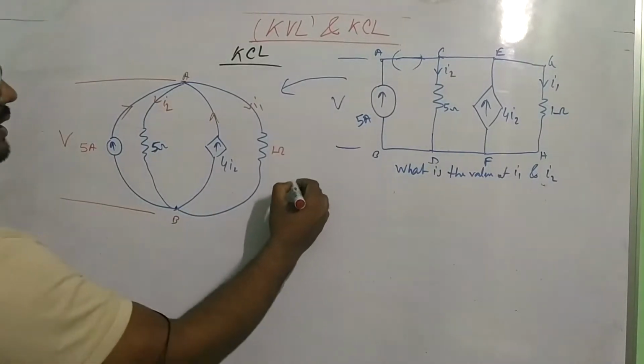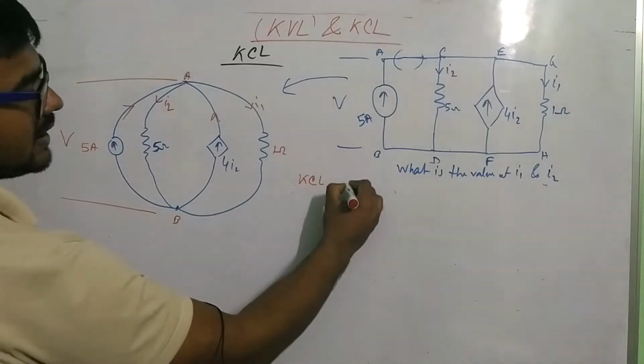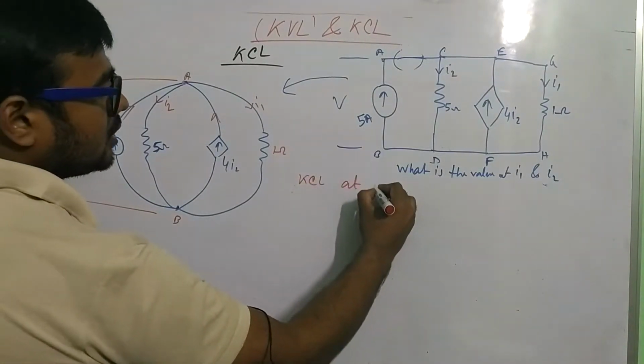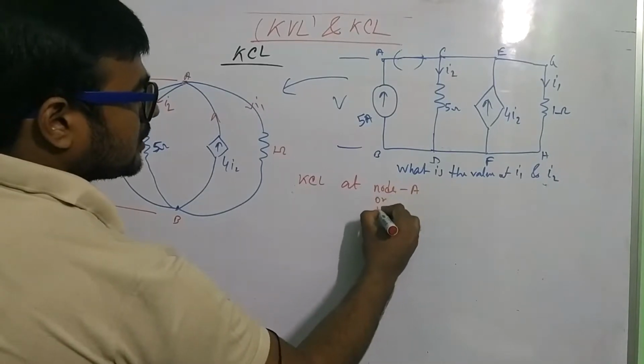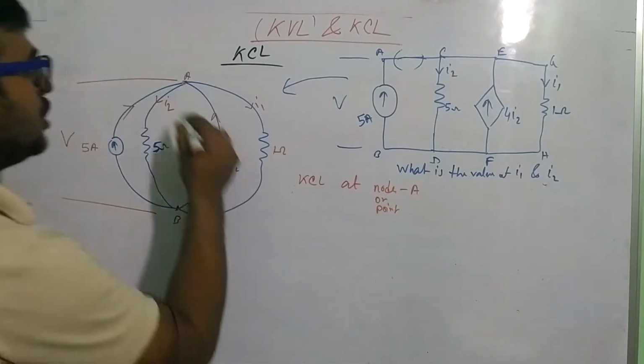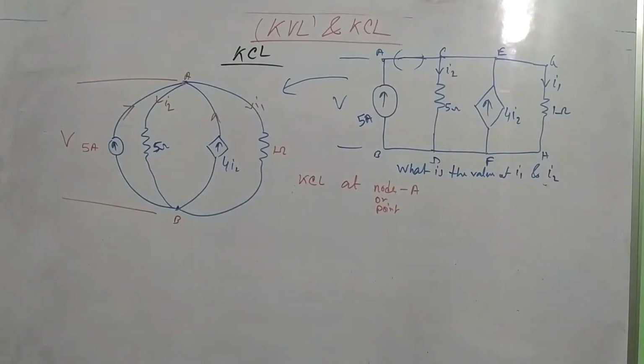So now I am applying KCL at node A or point A. This is also a point or node, whatever you say.